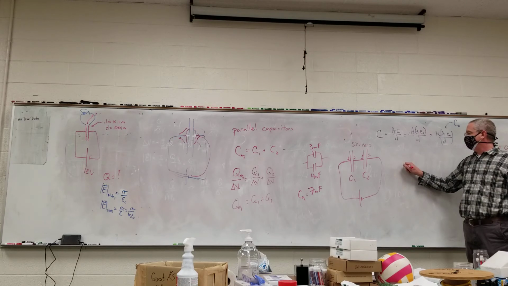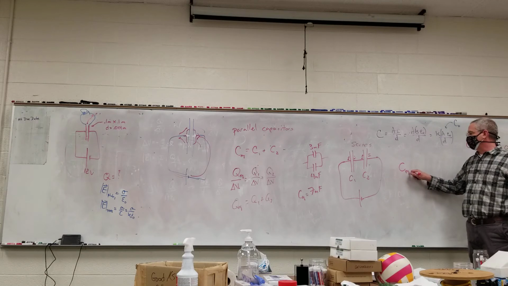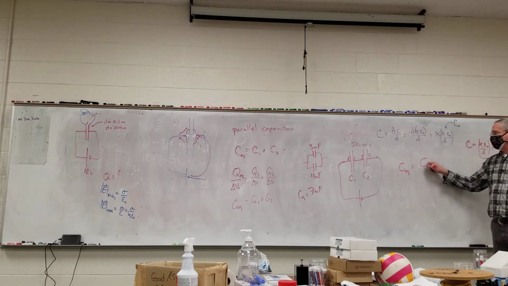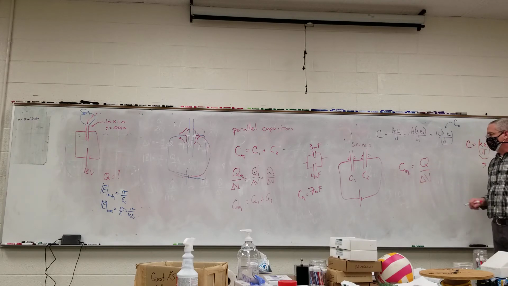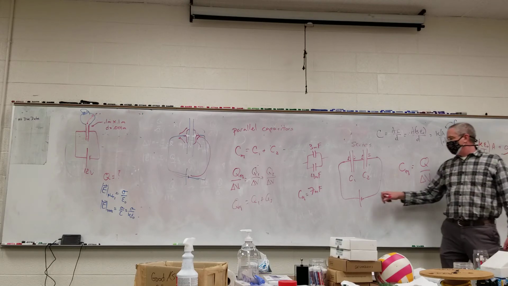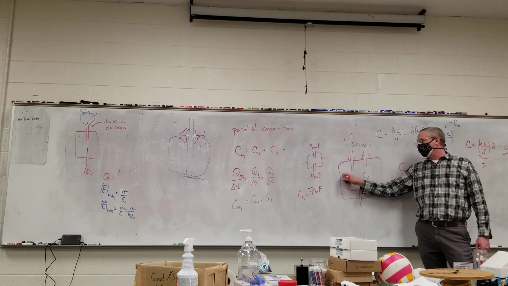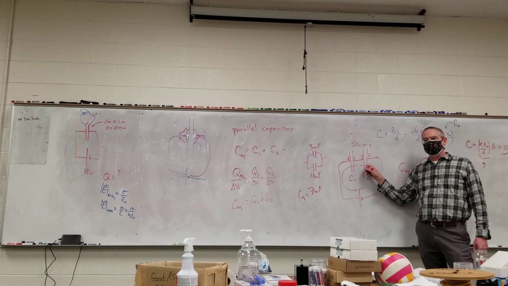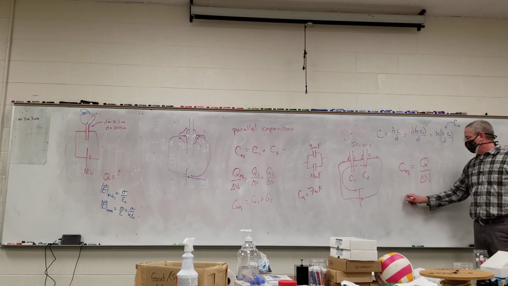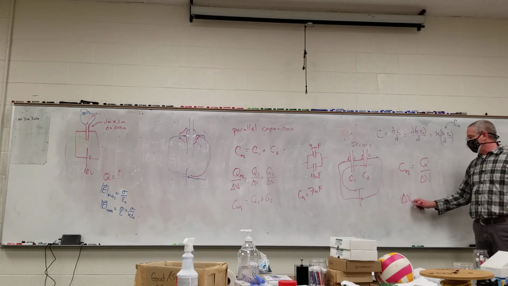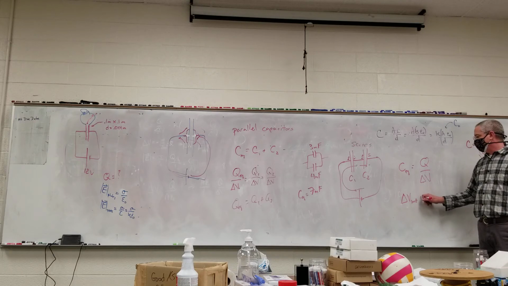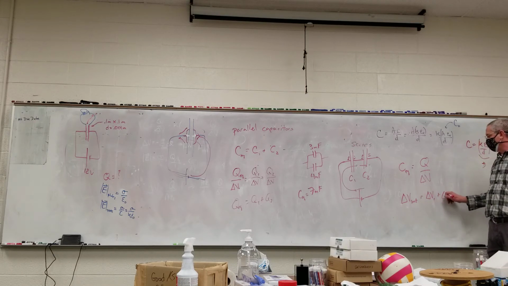So my equivalent capacitance for this combination should be equal to Q over delta V. If I think about the voltage here, I gain potential going across the battery. I'm going to lose some going across this one, and some going across that one. So the voltage across the battery is equal to the voltage across capacitor 1 plus the voltage across capacitor 2.